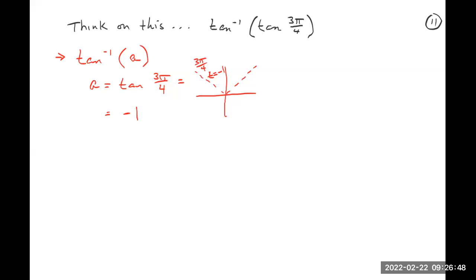Then the next thing we're going to do, now that we have an answer for the tangent of 3 pi over 4, is ask, what is the arctangent of -1?